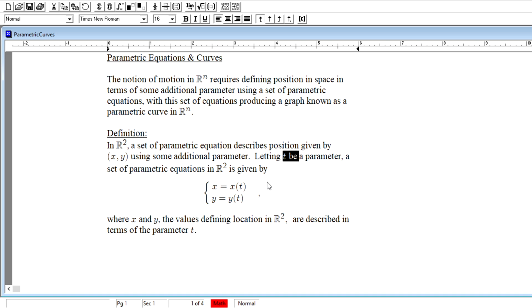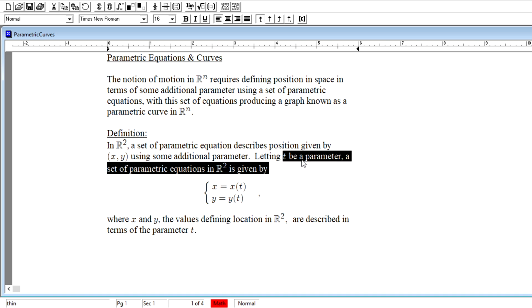Oftentimes that parameter value is the value we call t. So if we let t be a parameter, our set of parametric equations is going to be given by this set of functional relationships here, where we think of x being itself a function of that additional parameter t, and we think of y as being itself a function of some additional parameter t.